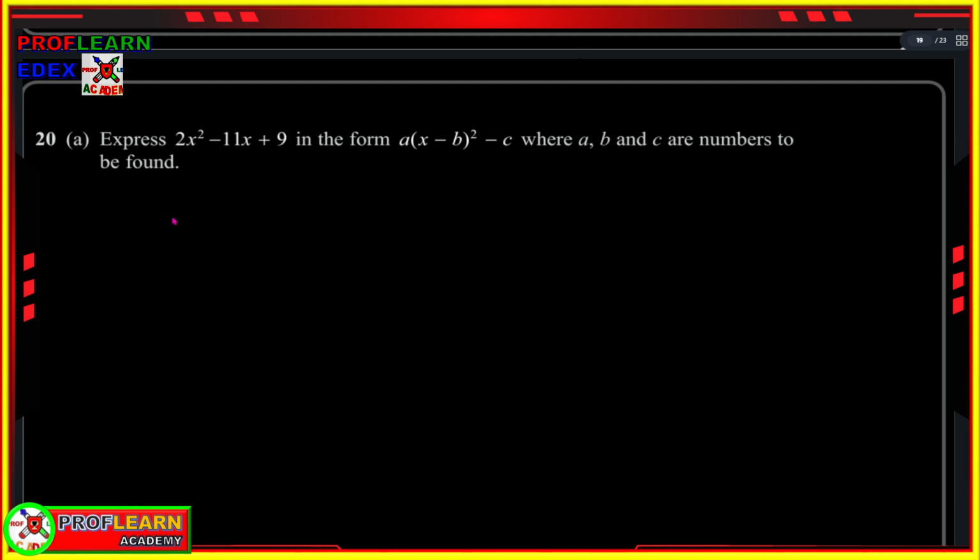So we group this together, we factor 2 out, so we shall have x squared minus (11 over 2)x plus 9 in order to work out that.